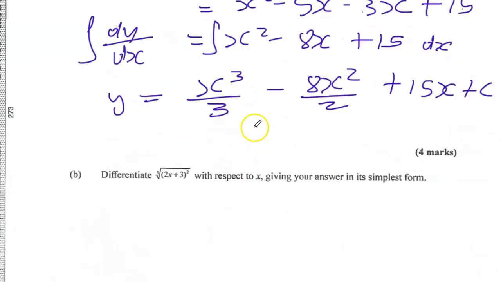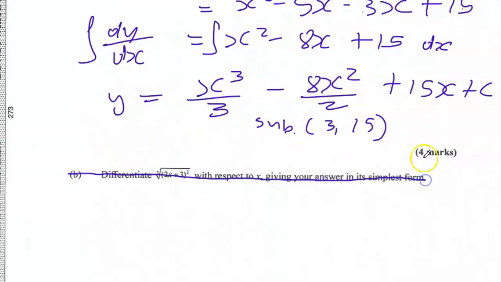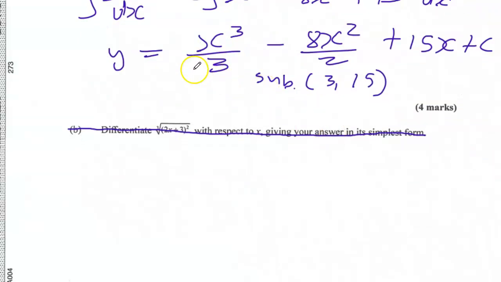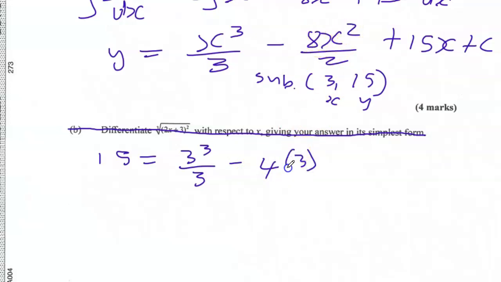So substitute (3, 15). I replace x with 3, y with 15. So we end up with 15 equal to 3 cubed over 3 minus, well, 8 over 2 is 4, so it really is minus 4 times 3 squared, plus 15 times 3, plus c.